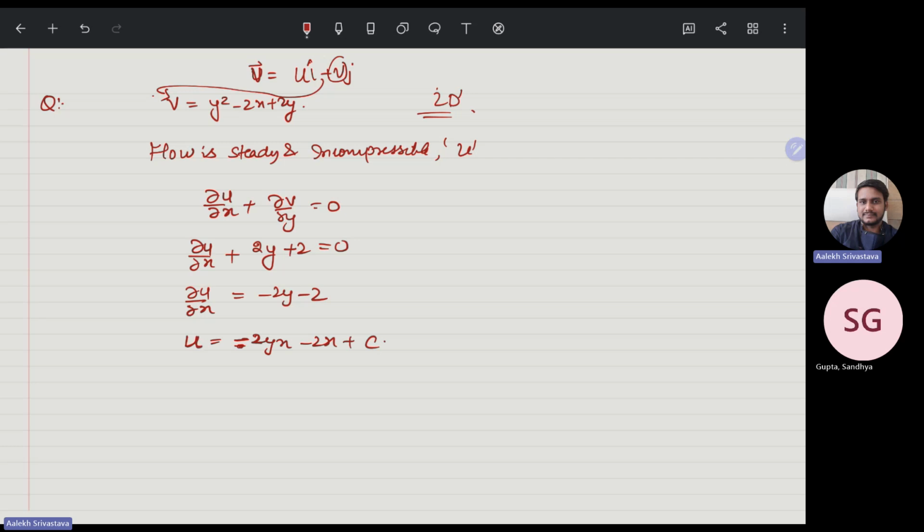The thing is, the constant is not known. It can be any function of y.